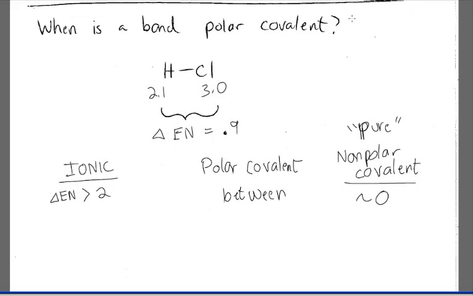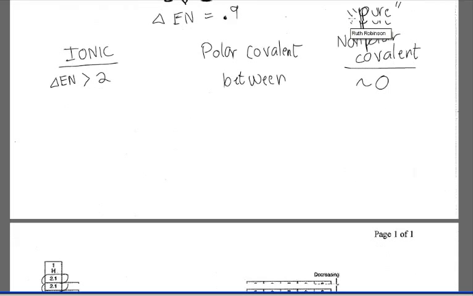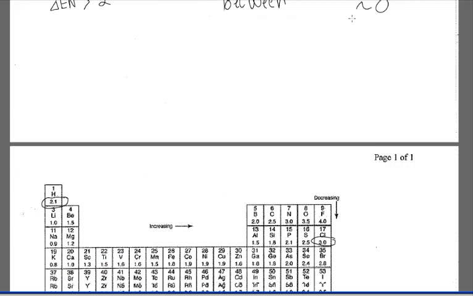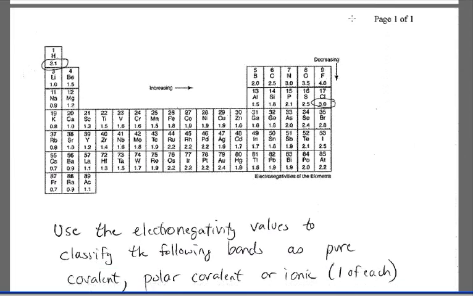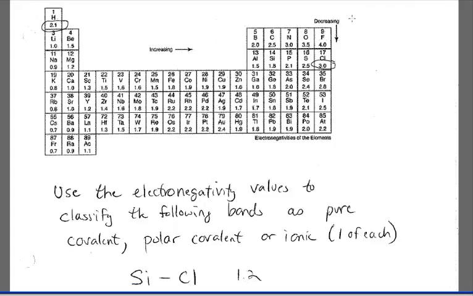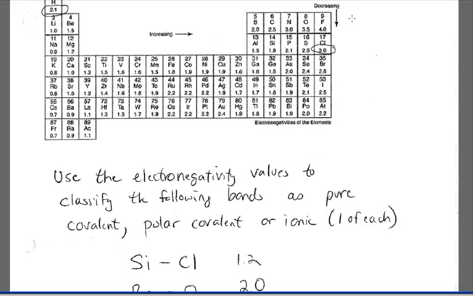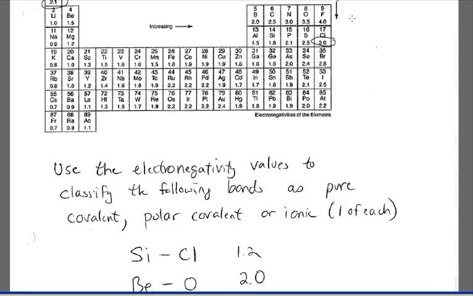All right, let's go down and look at those electronegativity values again and do some other problems. So you look at these electronegativity values and classify these bonds as to whether they're ionic, polar covalent, or pure covalent.